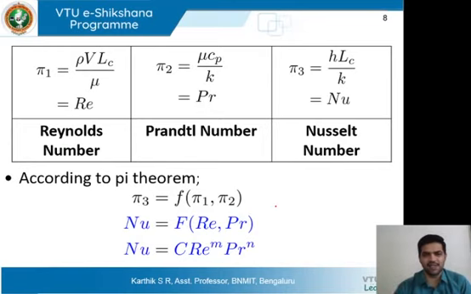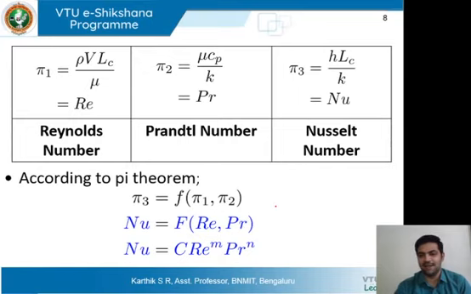So we will get these 3 dimensionless groups. The first one, which you are already familiar with from your fluid mechanics course, is rho V L by mu, the Reynolds number. The second non-dimensional number, mu Cp by K, is called the Prandtl number. And the last one, h L by K, is the Nusselt number.